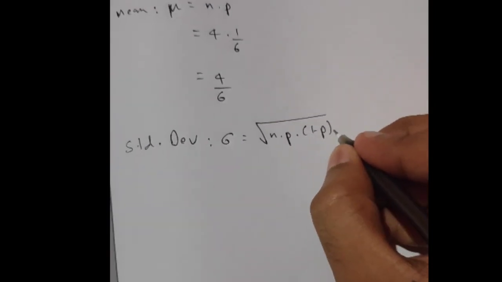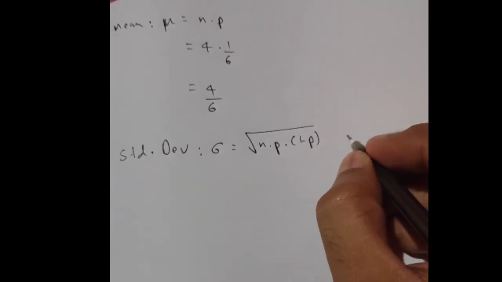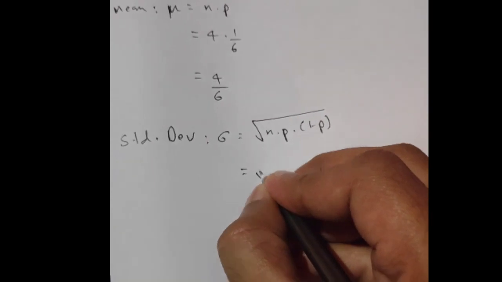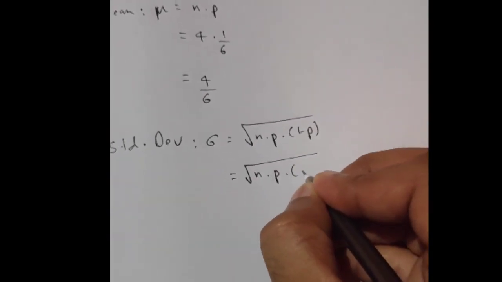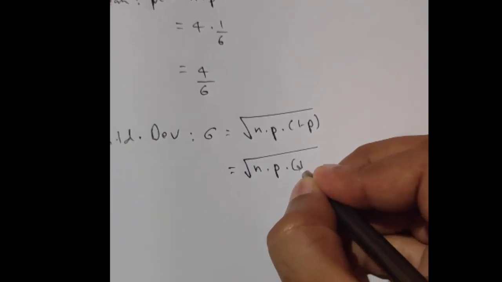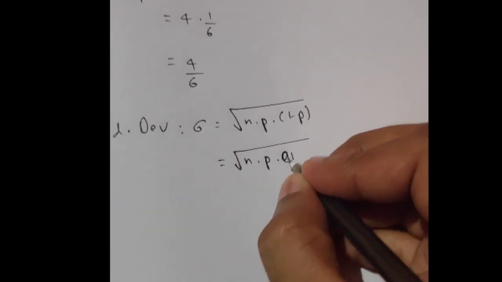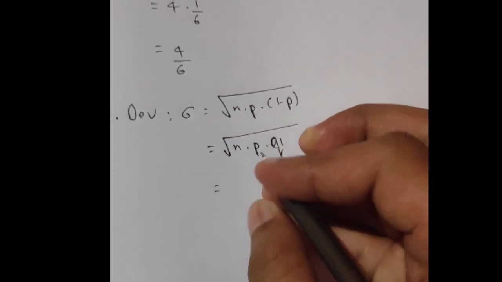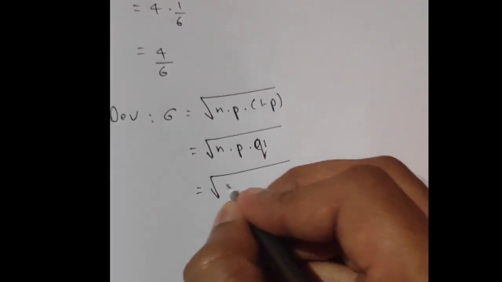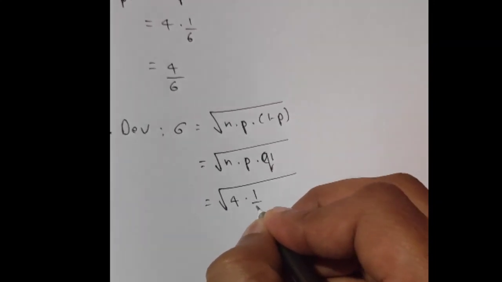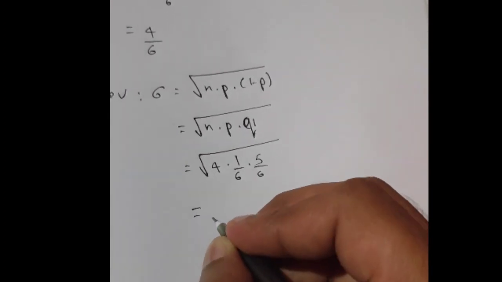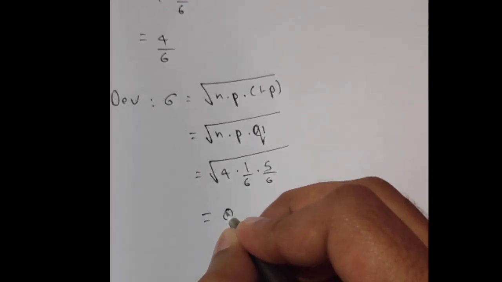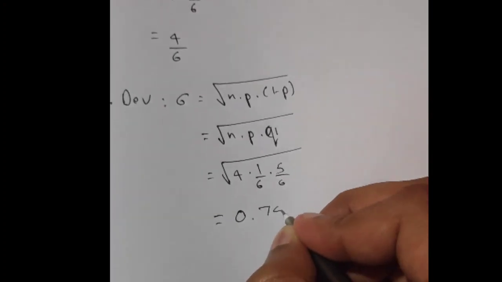Here 1 minus p is just q, which is the probability of failure, so the root is n into p into q. So after substituting the values, 4 into 1 by 6 into 5 by 6, after calculating we get 0.745.